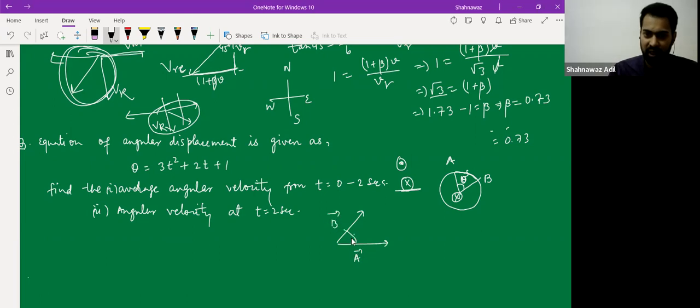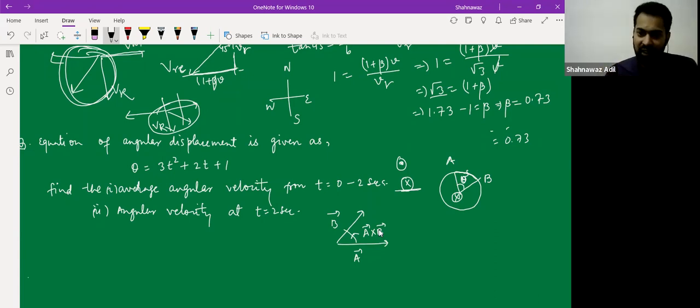And you go from here to here, meaning you want to calculate A cross B. So you keep your palm in the A direction and then you roll it to the B direction. Whatever direction your thumb is pointing out, that is your A cross B direction. So that is the Maxwell thumb rule.